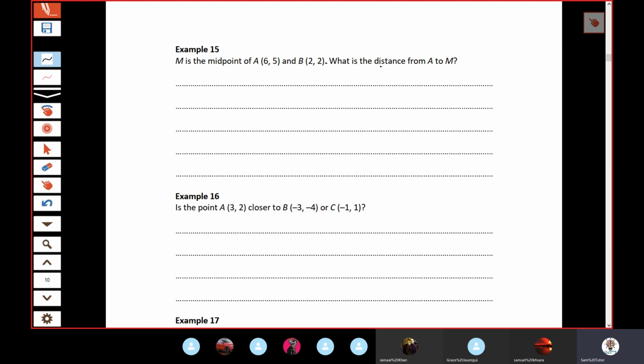Well, okay, if I wanted to find the distance of A, I have that, to M. I don't have M. But then I know that I've got to first find M, right? And that's what that full stop's there pretty much telling you to do. So to find M, M is the midpoint of A and B. All right, can anyone tell me how to find the midpoint of A and B?